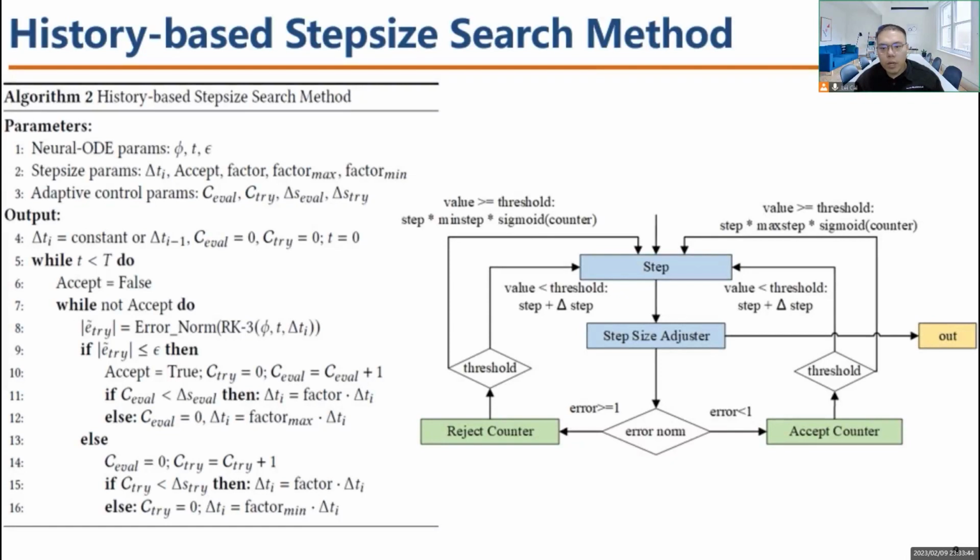In the flow diagram, we determine whether the current integration step size is accepted or not. And if it is, we increase the step size by a certain value. If it is not accepted, we revert to the original step size and then continue iterating over the new step size. By this method, we can save about 70% of the step size finding time.